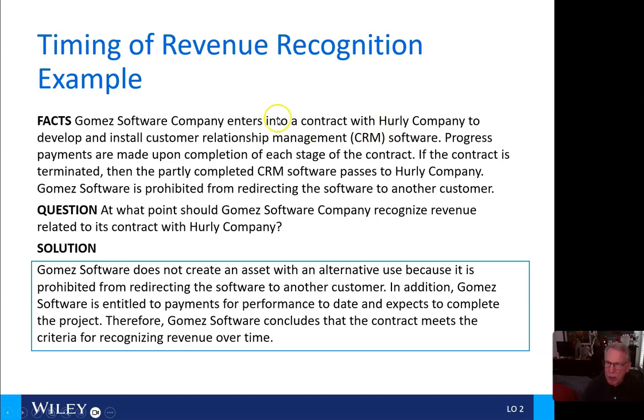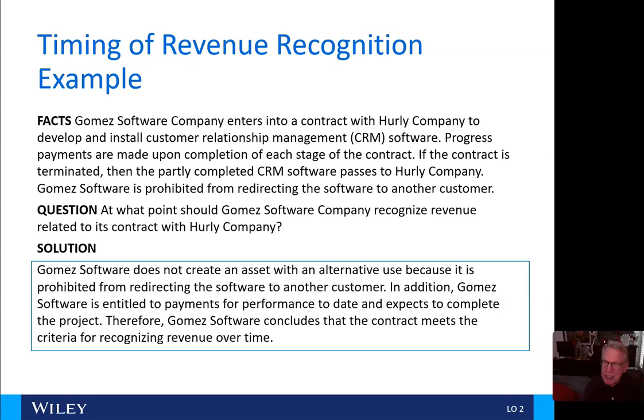Timing of revenue recognition example. Here, the Gomez Software Company enters into a contract with Hurley Company to develop and install customer relationship management software, CRM. Progress payments are made upon completion of each stage of the contract.